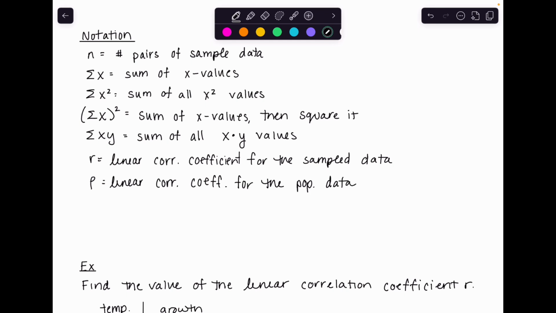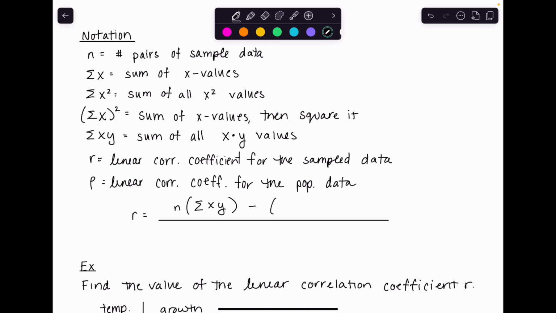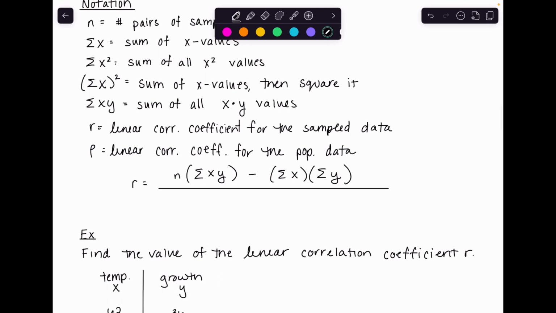So like I said, the formula to find r is very messy. We're going to do it by using a table. But what you have to do is take the number of data values, times that by the sum of the xy values. Then you subtract the sum of x values times the sum of y values. And in the bottom, you're going to have two square roots that you have to multiply.